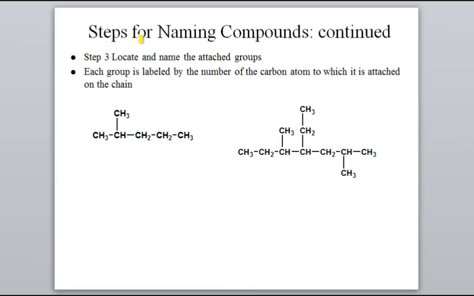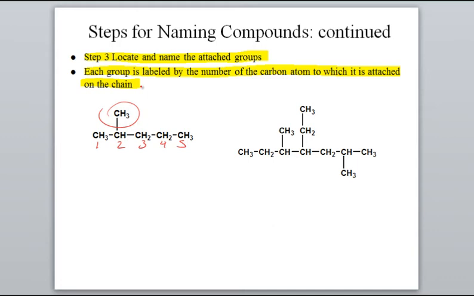The next step is to name the groups. When you name it, you also have to give the number for the carbon atom that it's attached to, the carbon that's on that chain. Let's label them again. So 1, 2, 3, 4, 5. This is the group. It has a name.